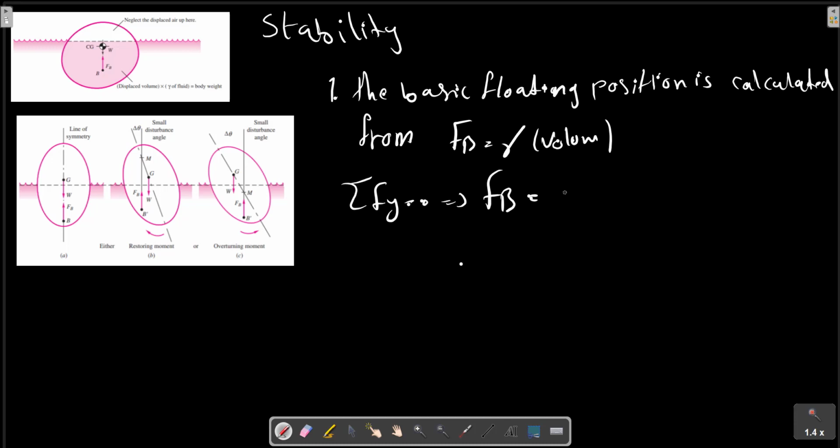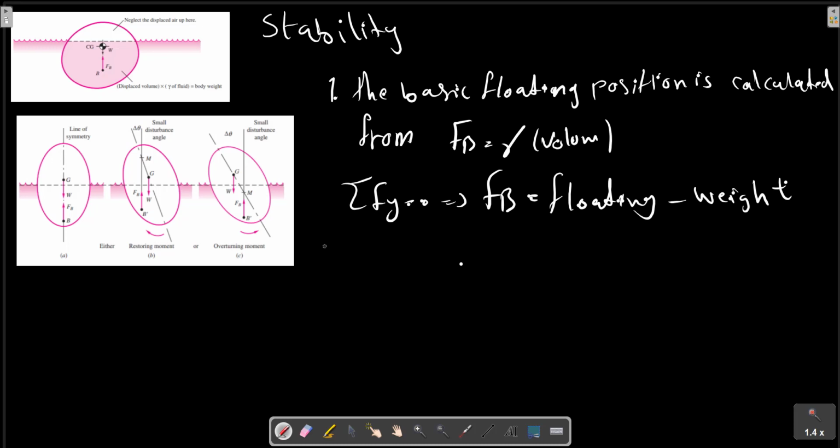FB equals the floating force minus the weight of the submerged body, as shown in this picture.